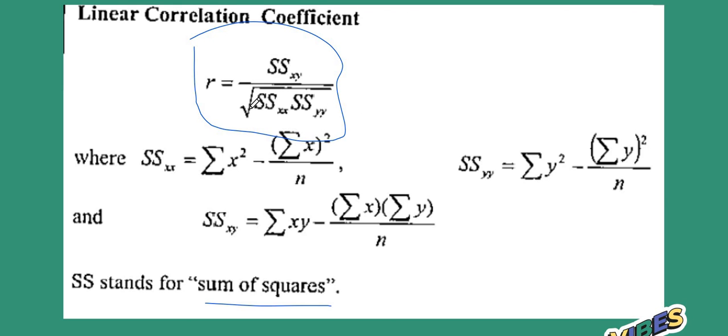So SSXY over the square root of SSXX times SSYY. And what are these? This is the formula to get SSXX, this is the formula to get SSYY, and this is the formula to get SSXY.